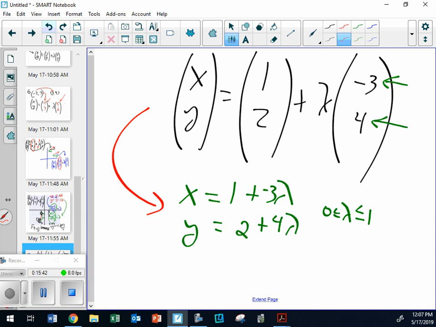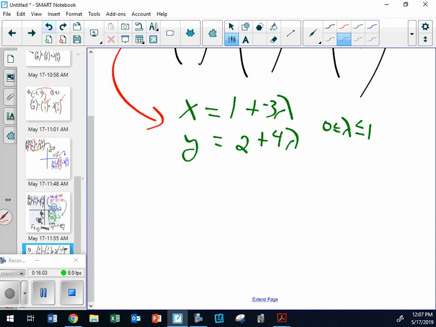Now just take it one more step and change it to Cartesian. So solve them for what? Solve it for lambda, and then set your lambdas equal. Okay, so I'm subtracting 1, x minus 1, dividing by -3. Lambda equals x minus 1 divided by -3.